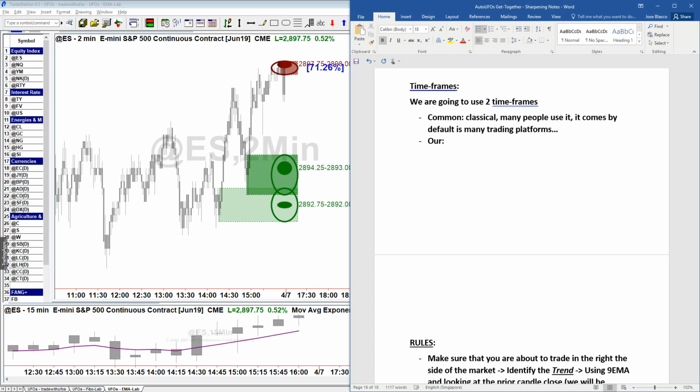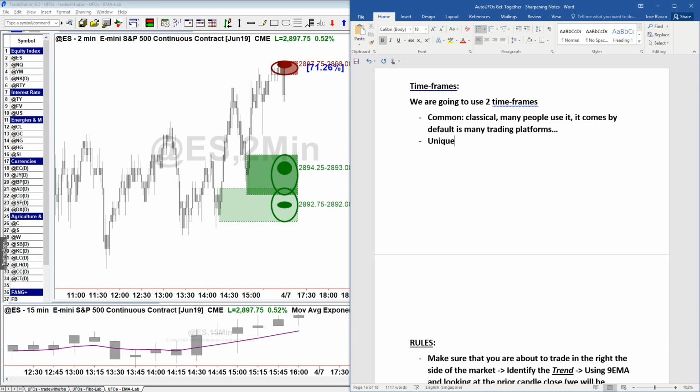It's going to be our unique time frame. And by the way, guys, I would like to give you the opportunity to name it. How would you like to name it? If one of the time frames we're going to use is the common time frame, the one everybody uses, and the other one is a weird time frame that only we use, how would you call that one?